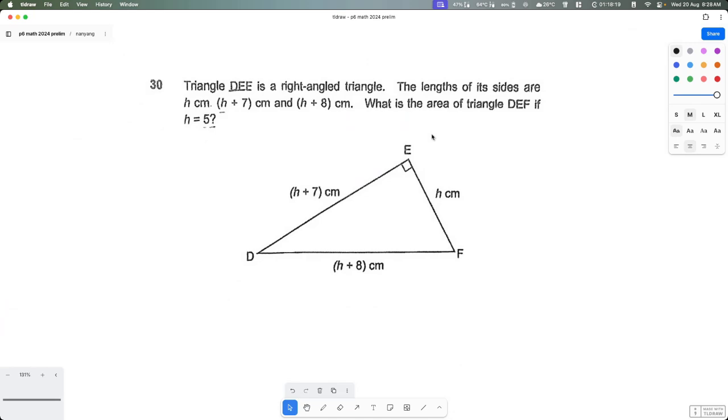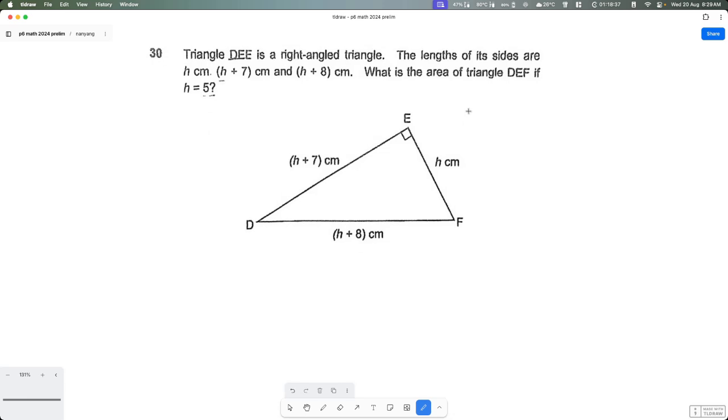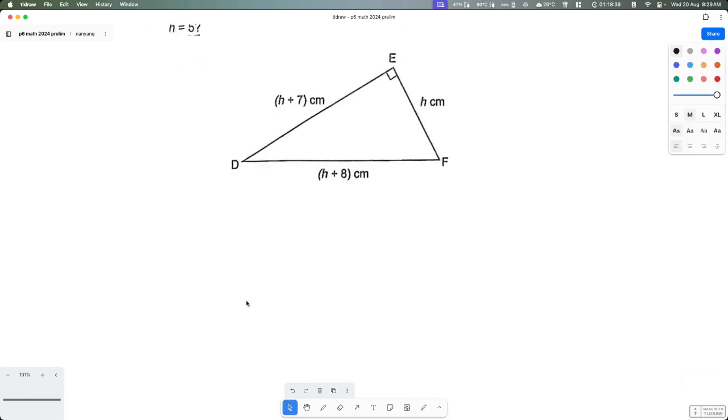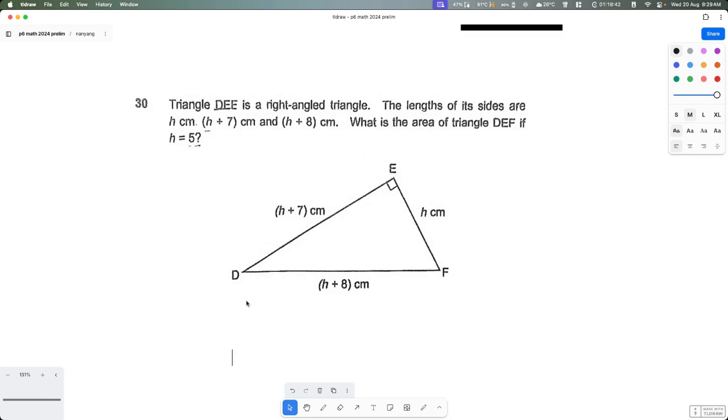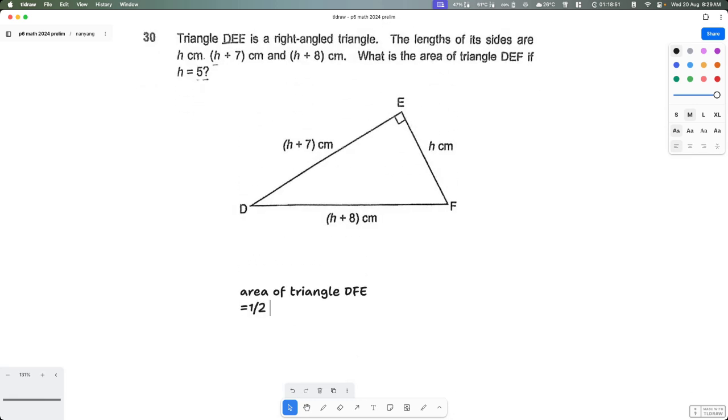Last question, question 30. Triangle DEF, DFE is a right angle triangle. The lengths of the sides are h centimeters, h plus 7 and h plus 8. What is the area of triangle DEF if h is 5? So basically, area of triangle DFE is equal to half times base times height.